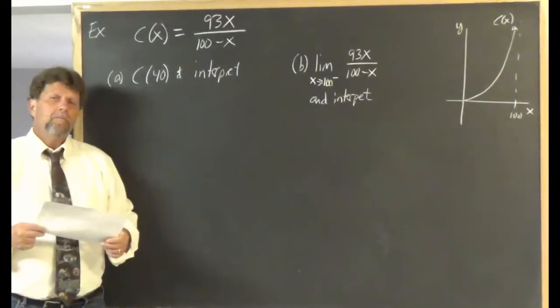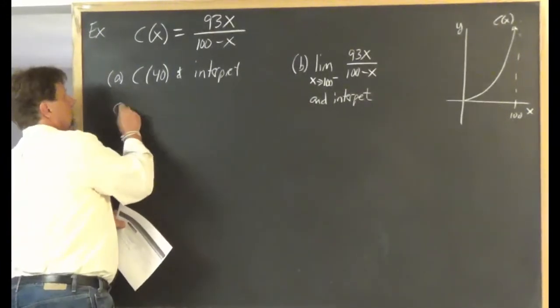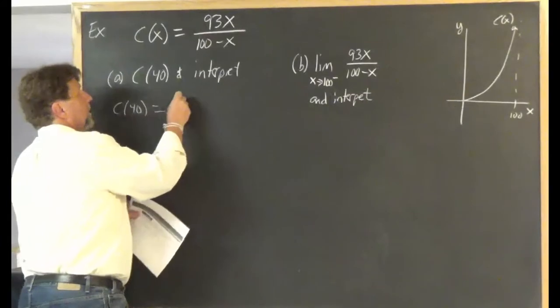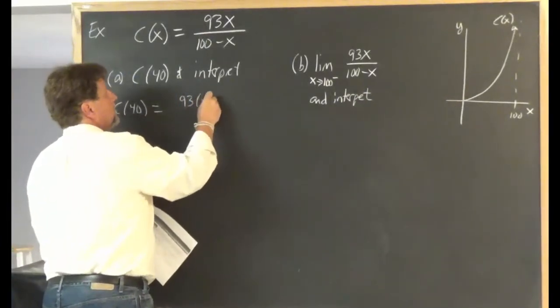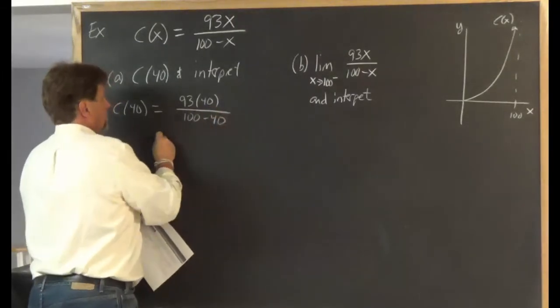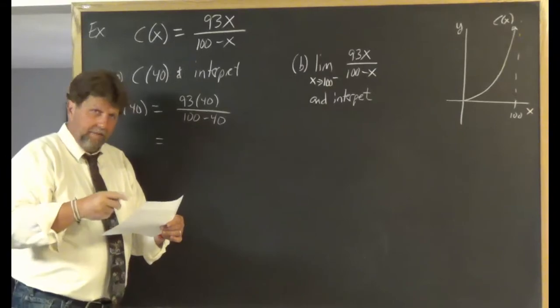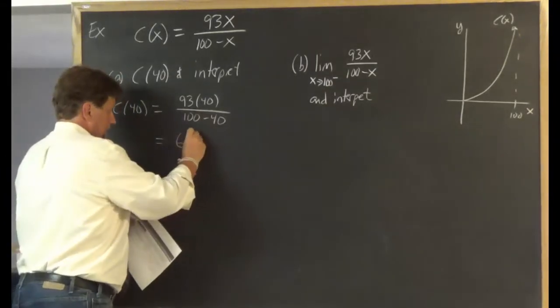So part A, we're asked to find C of 40 and interpret. C of 40 is 93 times 40 divided by 100 minus 40. When I use my calculator, I get C of 40 to be 62.